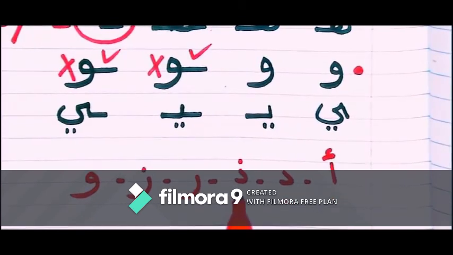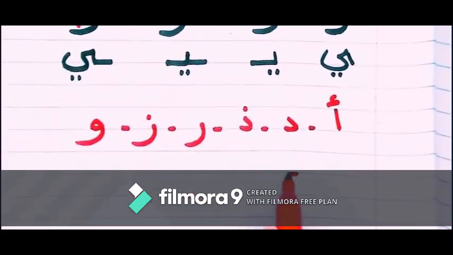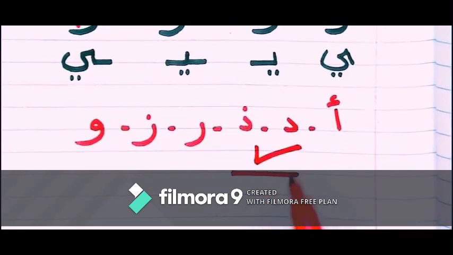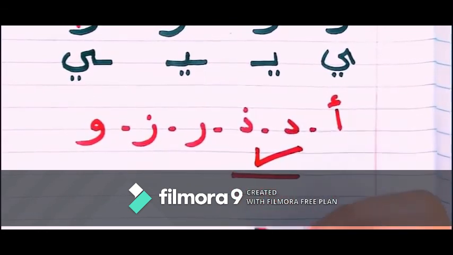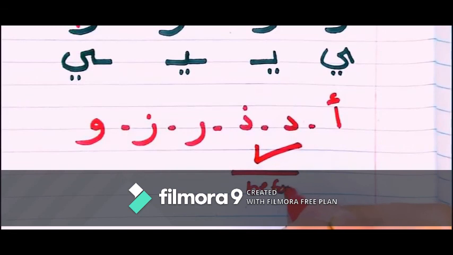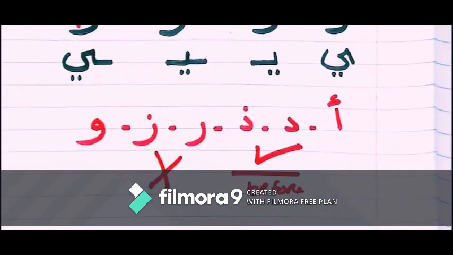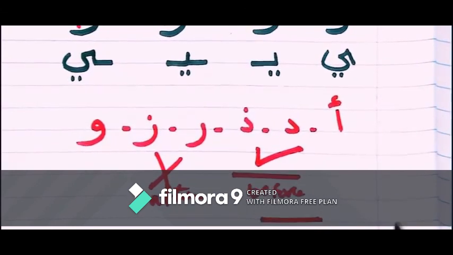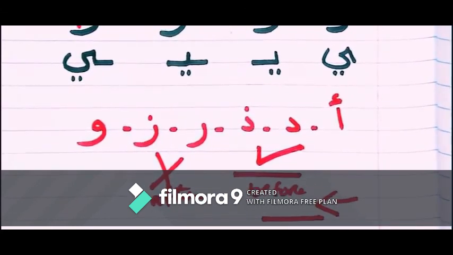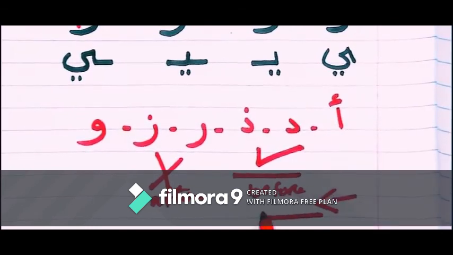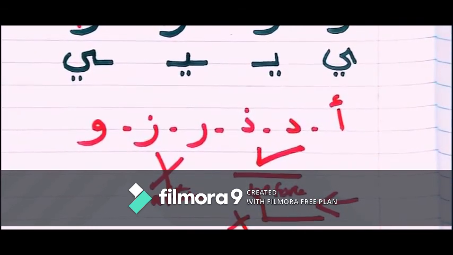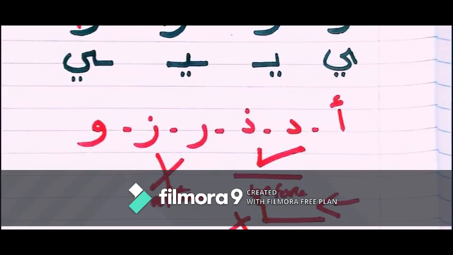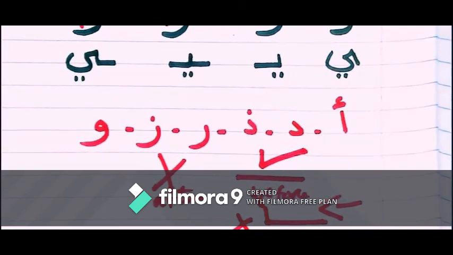Alif, dal, dhal, ra, zay, and waw. They do get connected in the medial form to anything before, but to nothing after. And what I mean by before is when you start from right to left. So you're starting the alif here. Alif goes here, but you don't write anything after it. And that will be all for the letter positions. Shukran.